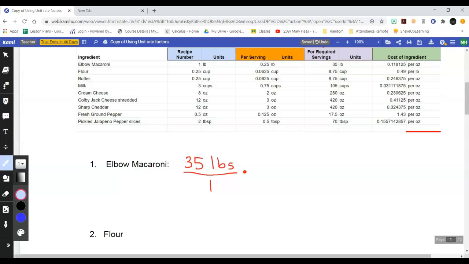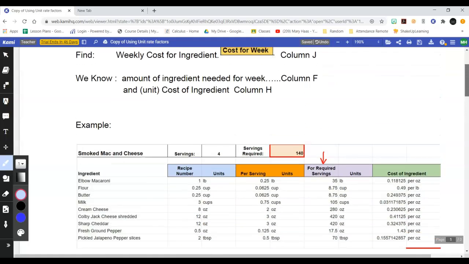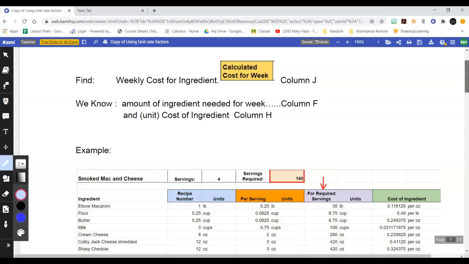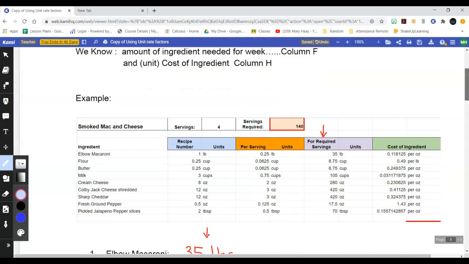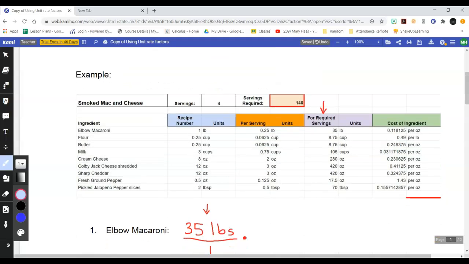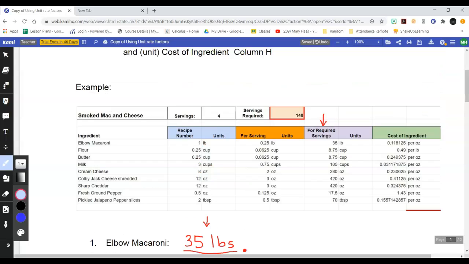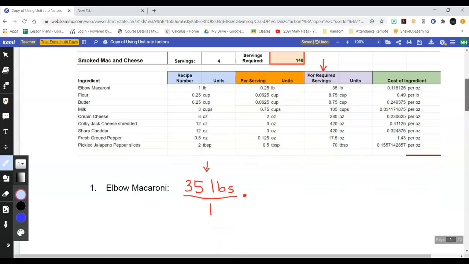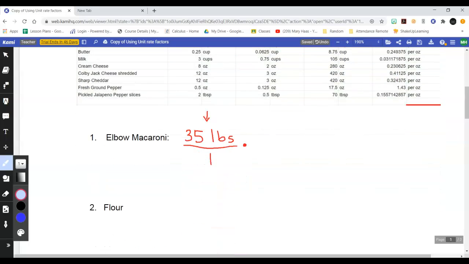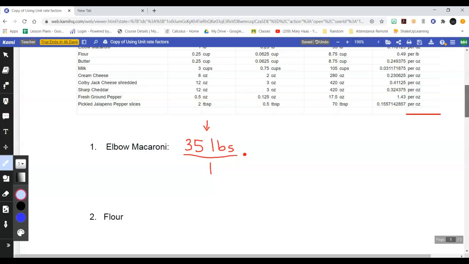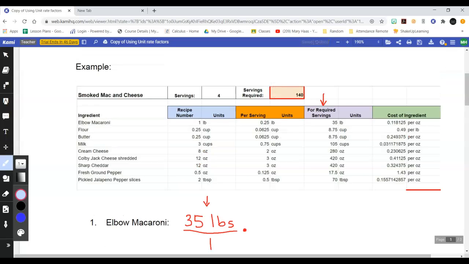And then the next thing, so this is the amount that we require up here from column, I don't remember what column that was. I think it was column F. And then in column H, we had the cost of the ingredient. So that's what I need you to multiply next. So the cost of the ingredient, and that was, what, 0.118.